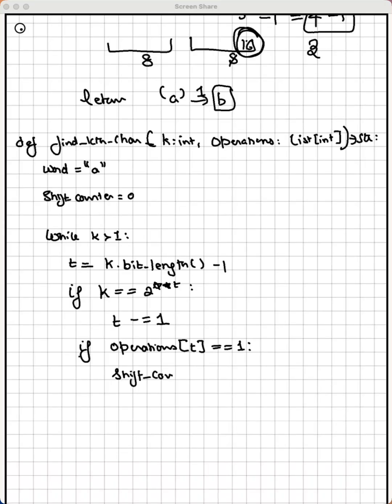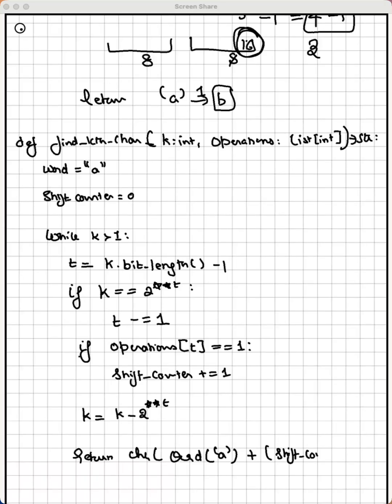So my shift counter increments by 1. And my k now decrements by half, basically by a power of 2. And then finally I will return the character, but before I return the character, let me do the Unicode operation, which is take the Unicode of A plus the shift counter.